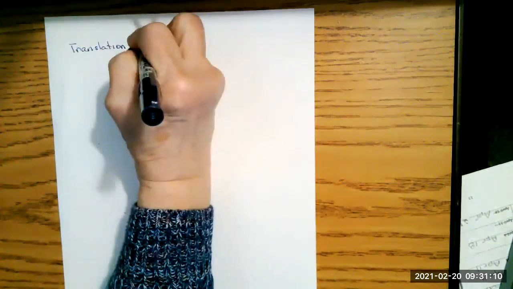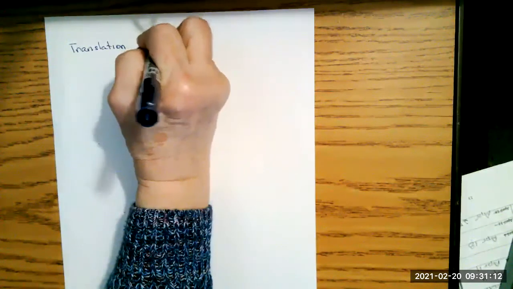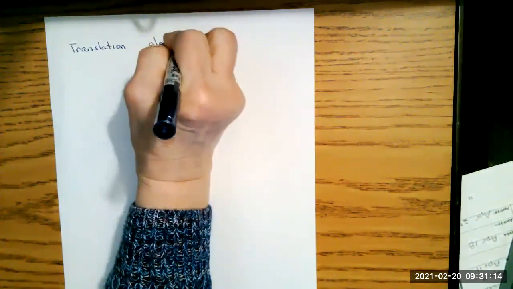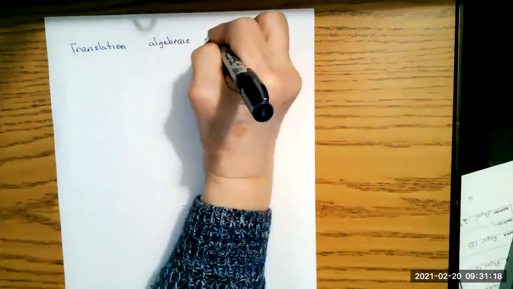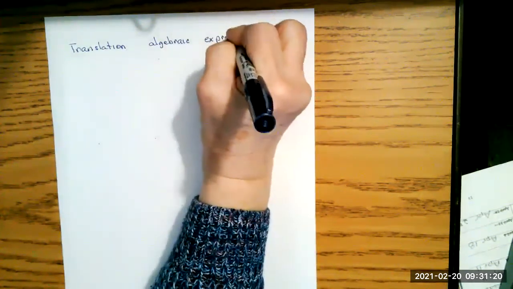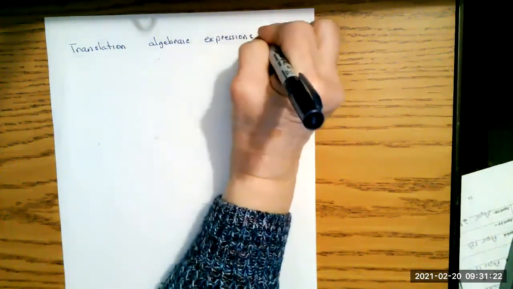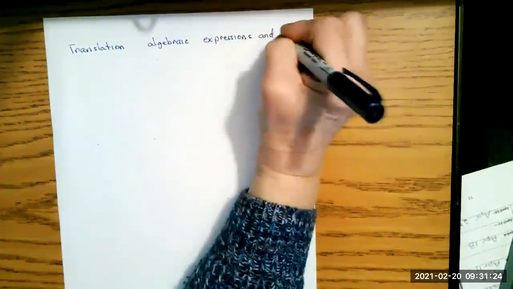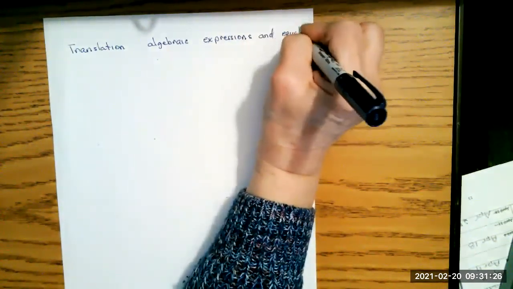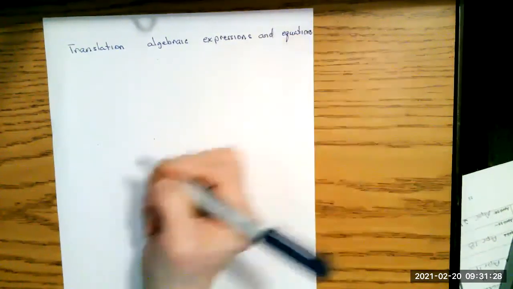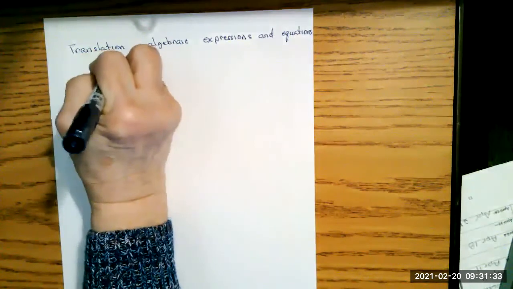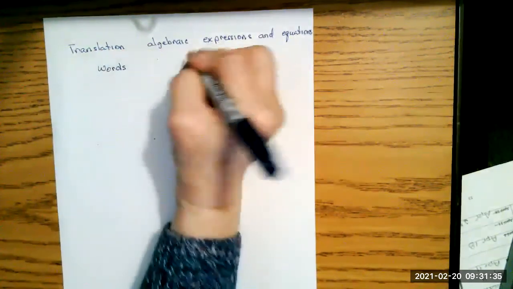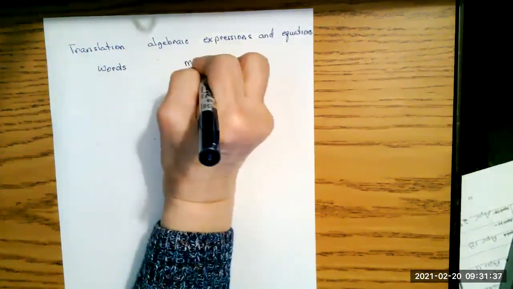Translation of algebraic equations and expressions. Remember, an expression doesn't have an equal. Equations do. These are called translations. So we're going to take some words and see if we know the meaning of those words.